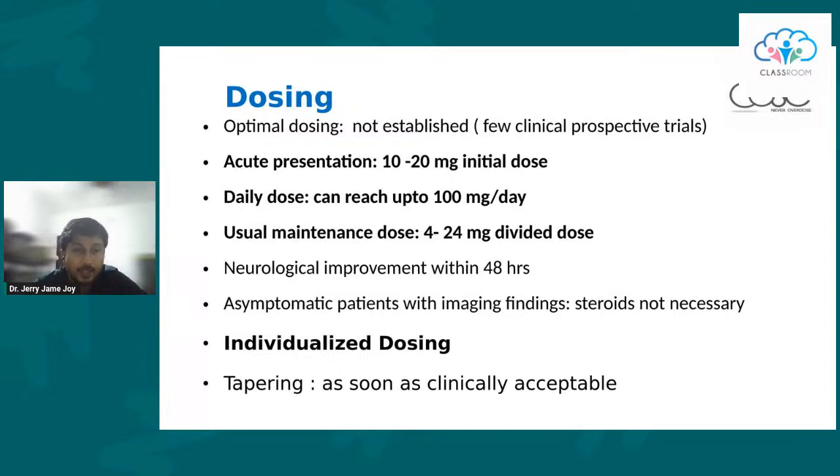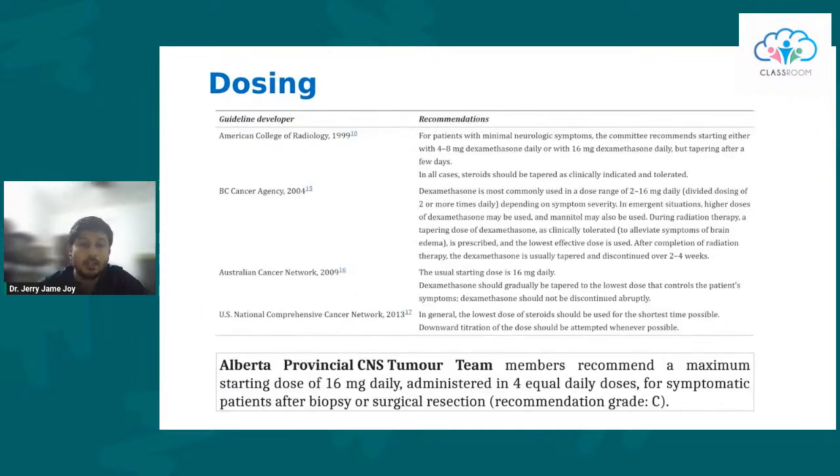Regarding tapering the steroid, tapering should be started as soon as clinically acceptable. Once there is improvement in the neurological condition, tapering can be started, keeping an eye on the neurological symptoms of the patient. Various guidelines are there: the American College of Radiology, BC Cancer Agency, and Australian Cancer Network.